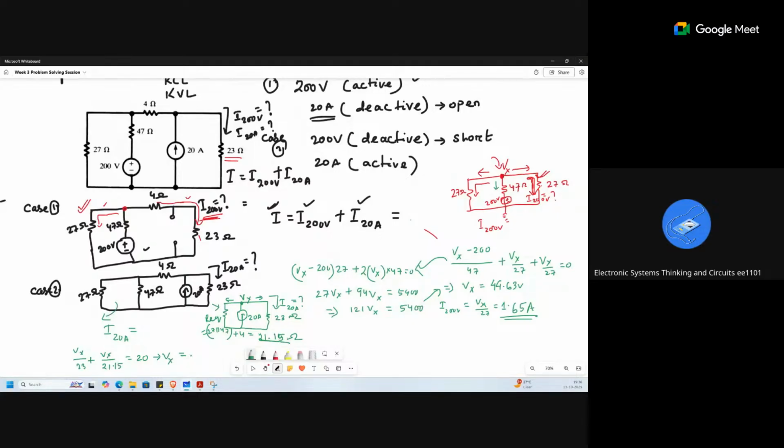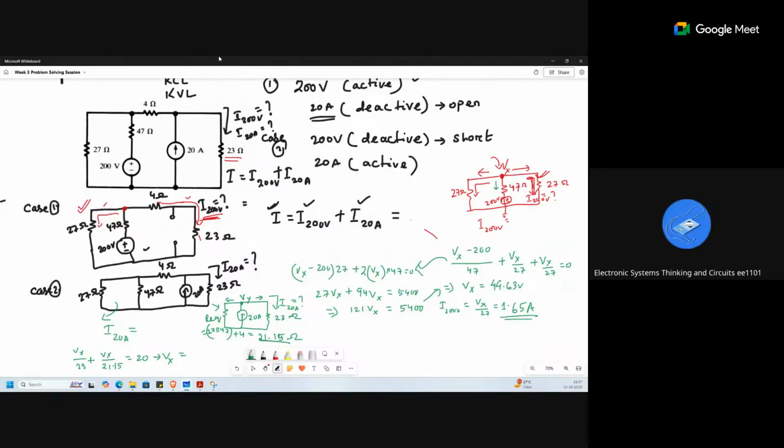Can you solve and tell me what is your Vx value you are getting? Ma'am, Vx is equal to 220.36.